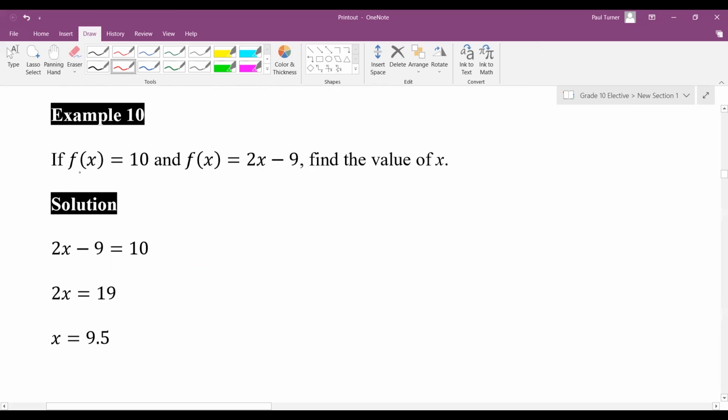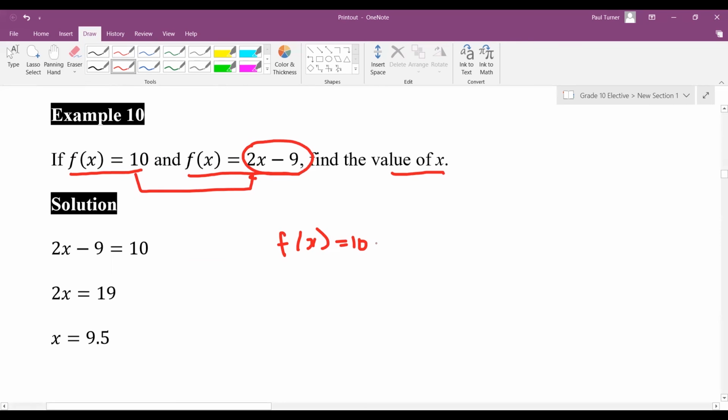Okay, so if your function f(x) is equal to 10 and f(x) equals 2x minus 9, find the value of x. In this case, let's just write it again, f(x) equals 10. But here we're also saying that it equals 2x minus 9. So we can write 2x minus 9 here, can't we? Because they're both equal to f(x).